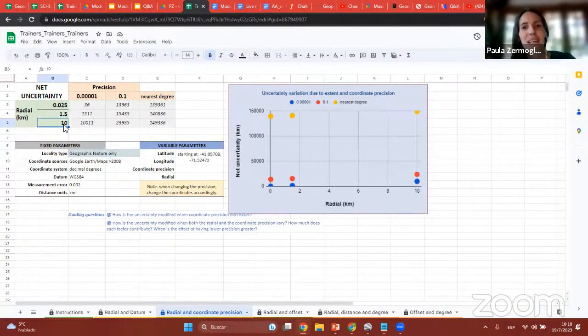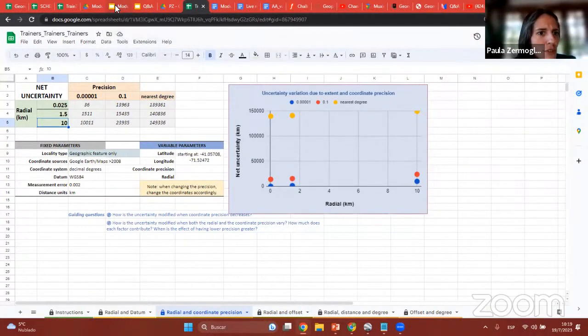I doubt that any of us will make that mistake, but it was exaggerated for that purpose, to show that we can be affecting the uncertainty quite a bit when the radial changes. Just so you can think about it in both ways, with different features or with the same feature if we determine the extent differently.